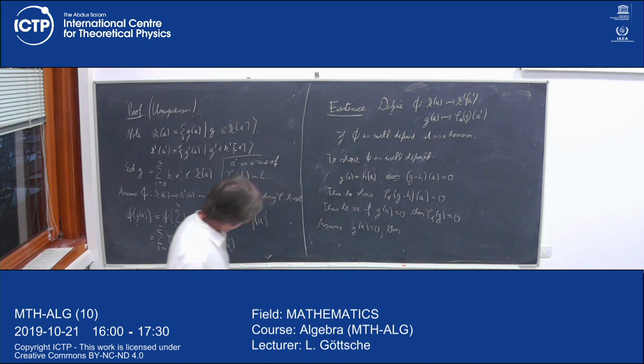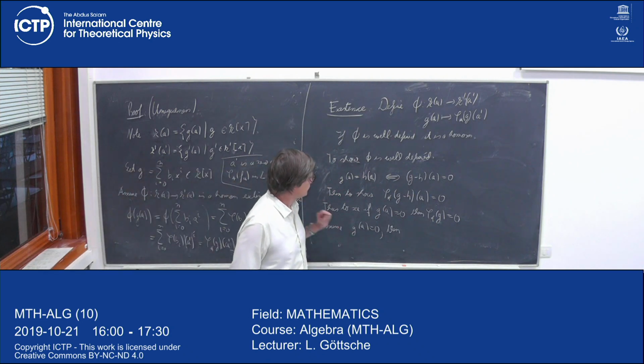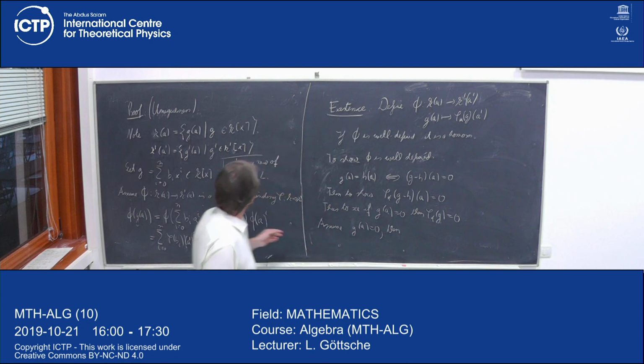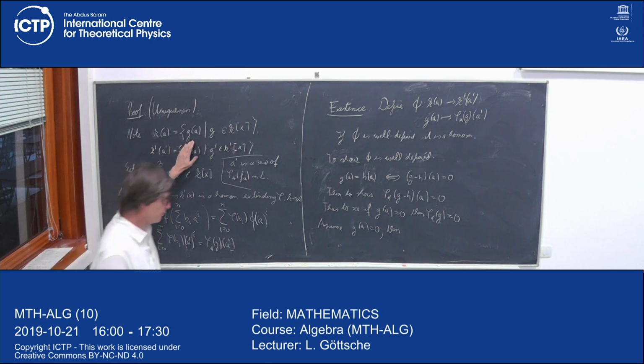Then we know that the ideal of all polynomials in K[x] which vanish at a is generated by the minimal polynomial.